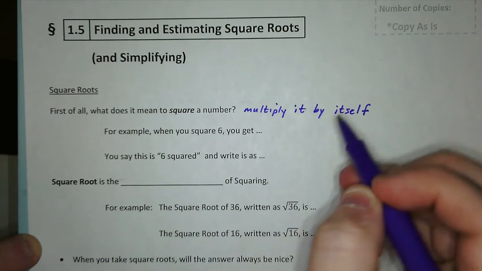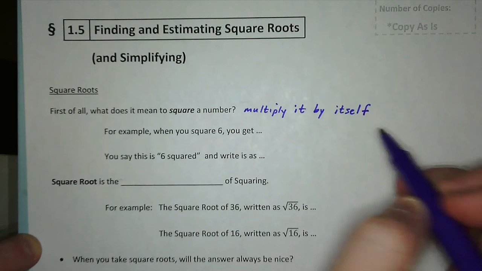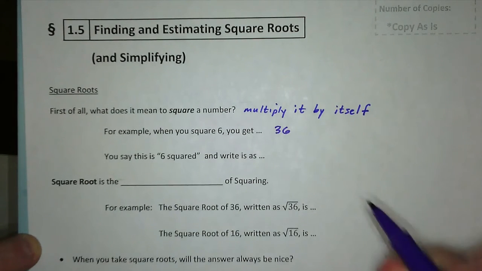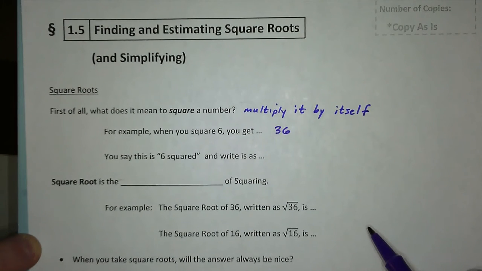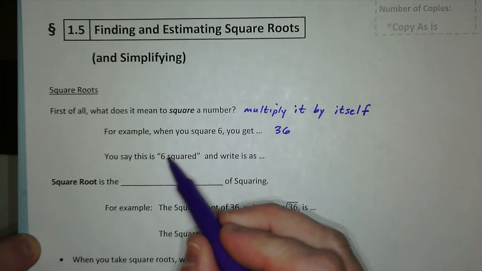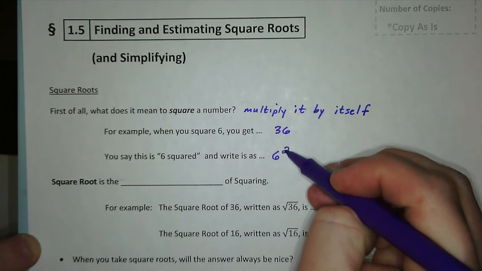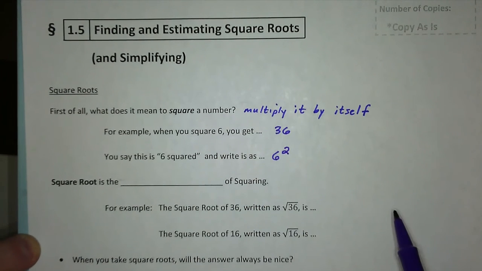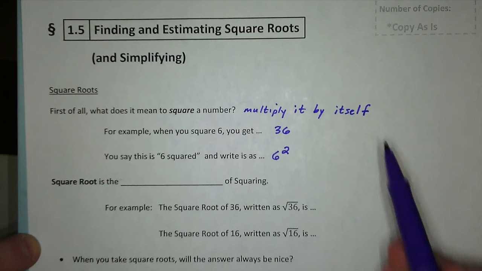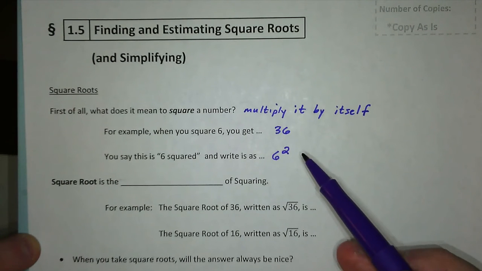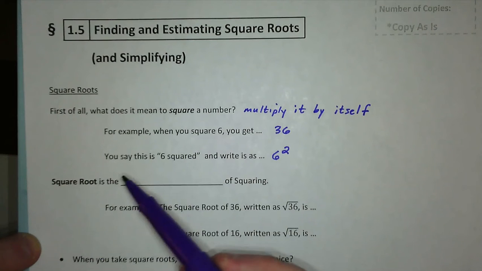For example, when you square 6, or 6 squared, you get 36, because that's 6 times itself, 6 times 6. You say it's 6 squared, and you can write it as 6 to the second power. So squaring a number is raising it to the second power. You probably already knew that.